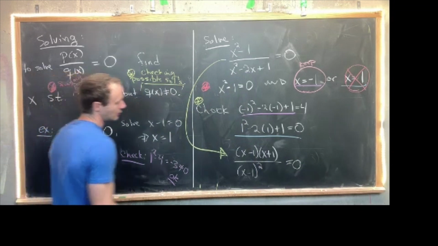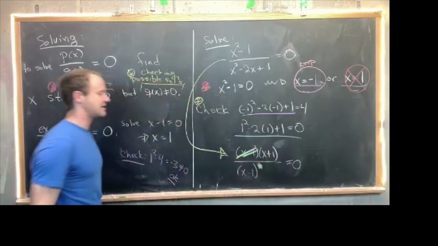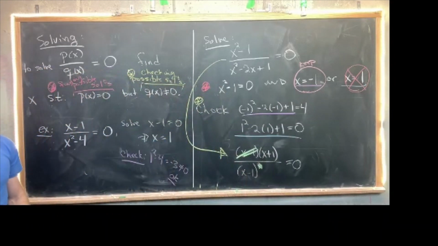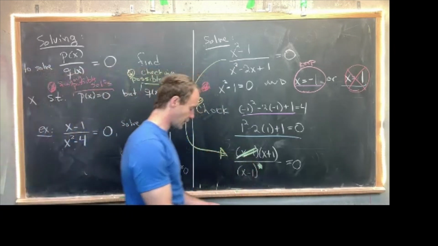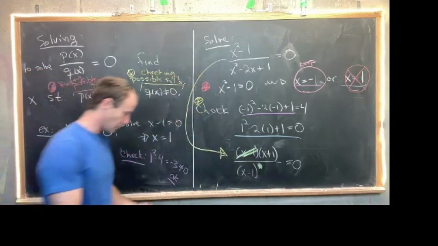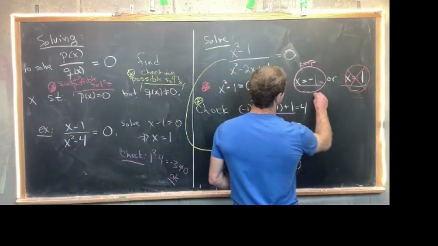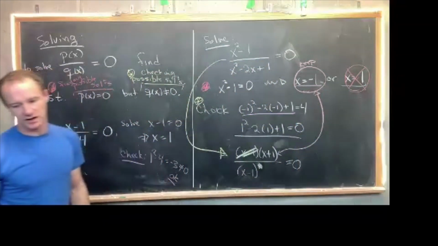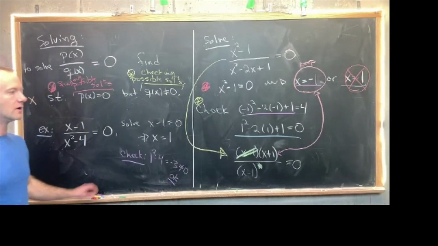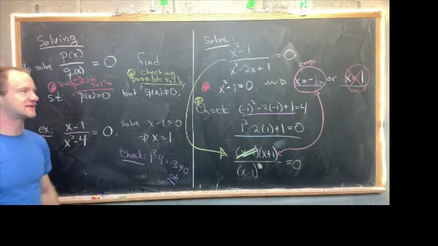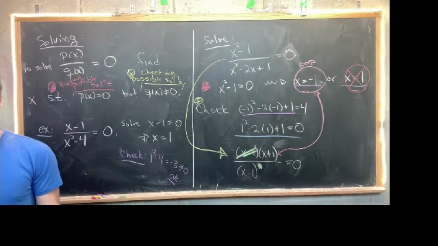Now we can take this x minus 1 and cancel it with 1 copy of x minus 1 in the denominator. And then notice that the only solution for the numerator equals 0 is the one that we kept in the first place. So you can skip this checking step if you simplify the rational function as much as possible.